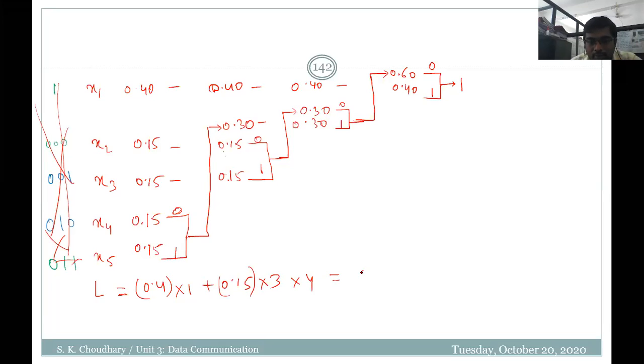To simplify this calculation, 0.4 plus 0.45 into 4. So it would come as L equal to 2.2 bits per symbol or letters per symbol.